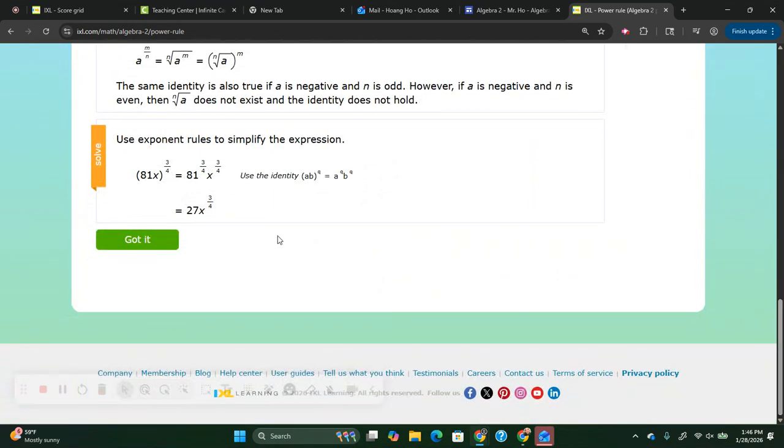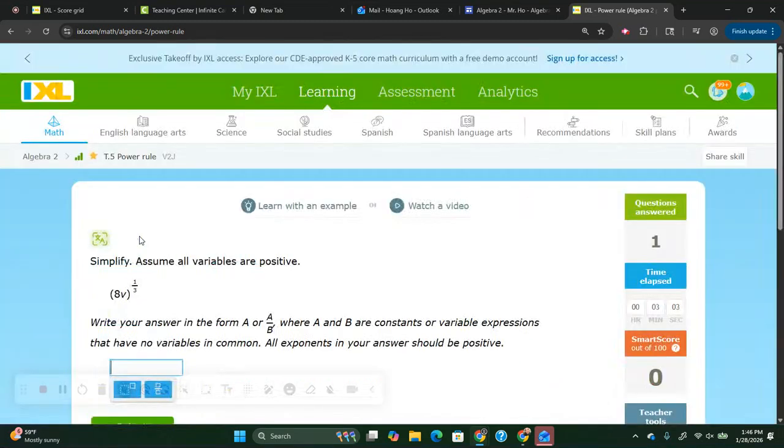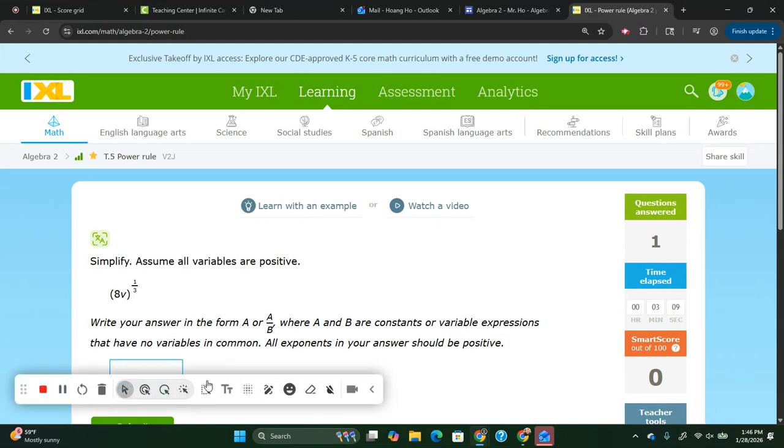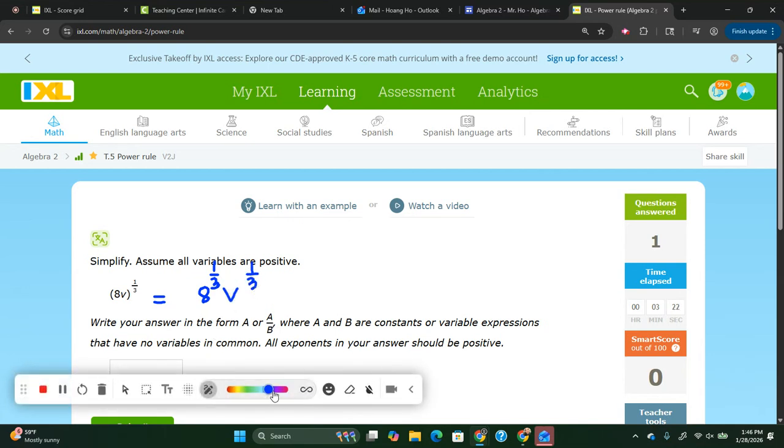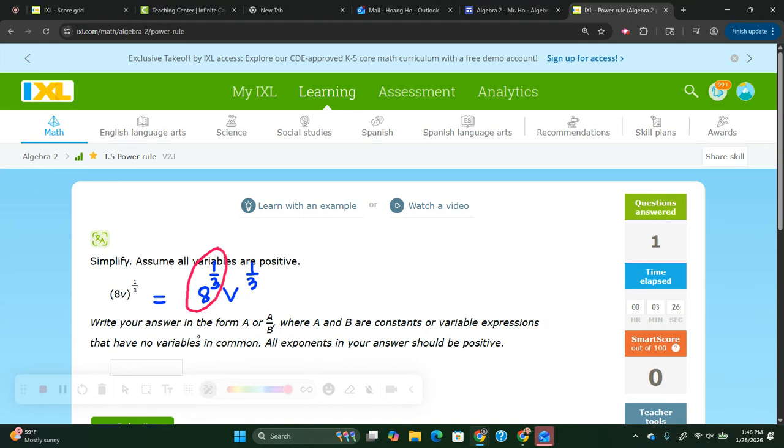You have 8 times v power 1/3. So we can apply the formula. 8 should power 1/3 and then v also power 1/3. One more thing, 8 power 1/3, you can simplify this.